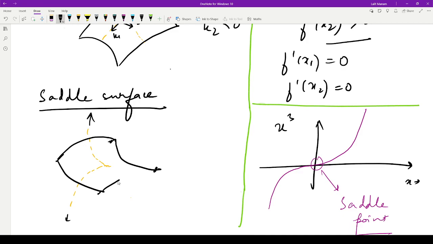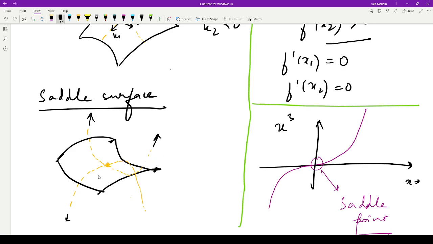Okay, so it is now clear, I guess, that in this direction it is the maxima, but in this direction there is some minima out there, right?